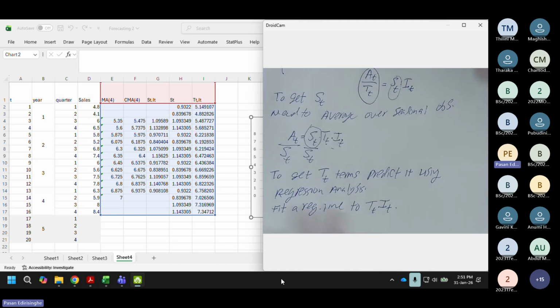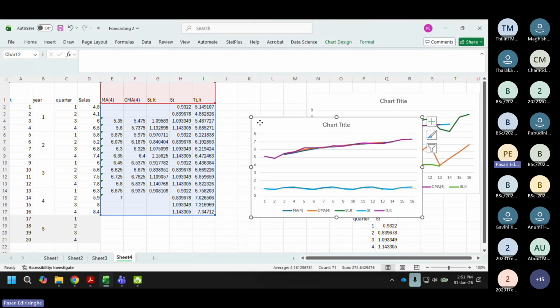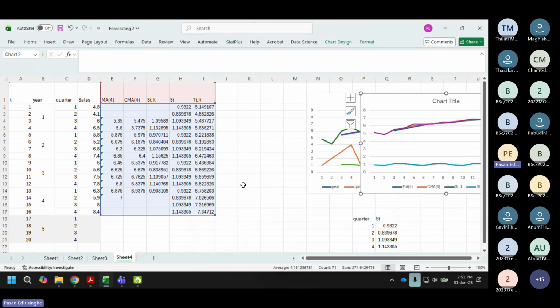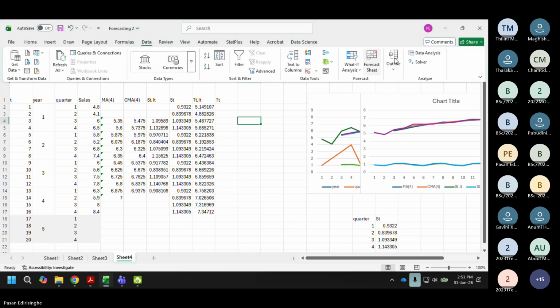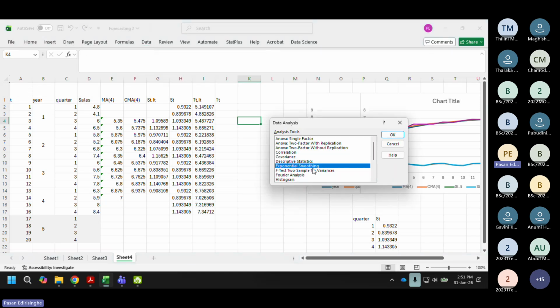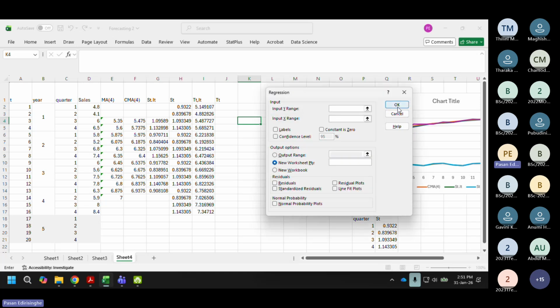For this TT times IT, right? So let me do the plotting of the regression line here. That is basically me separating the TT terms, right? So if I fit the regression line here, I can use data analysis here and regression here.